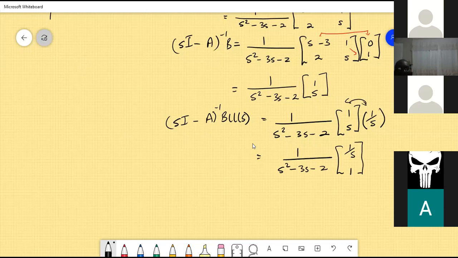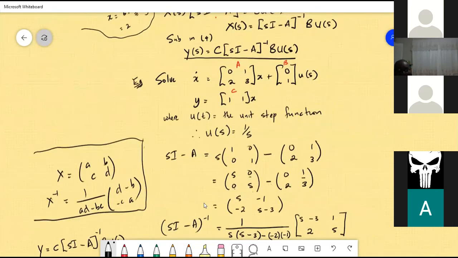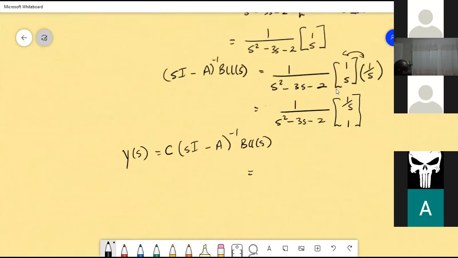And then finally, we have Y(s) is equal to C times sI minus A to the minus 1 times B U of s. Now my C was 1, 1. If you look here, C is 1, 1. So I'm going to multiply everything by 1, 1. Notice that I'm not troubling 1 over the determinant.